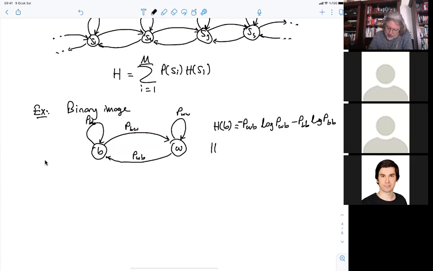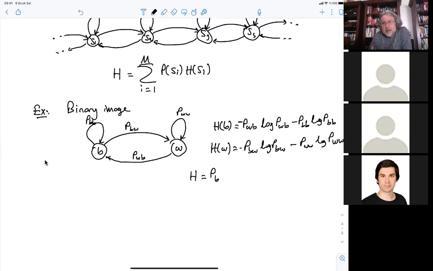Similarly, the white pixel entropy is negative of probability from black to white logarithm of the probability from black to white, minus probability white to white logarithm probability white to white. Okay, and the overall entropy that we can then calculate is probability of black, which needs to be calculated, because as you see here, we don't really have probability of black.